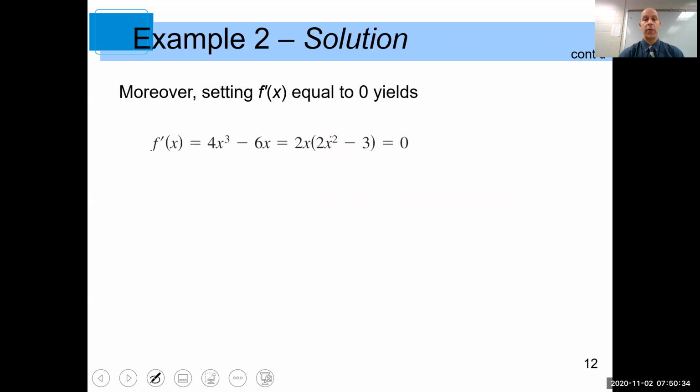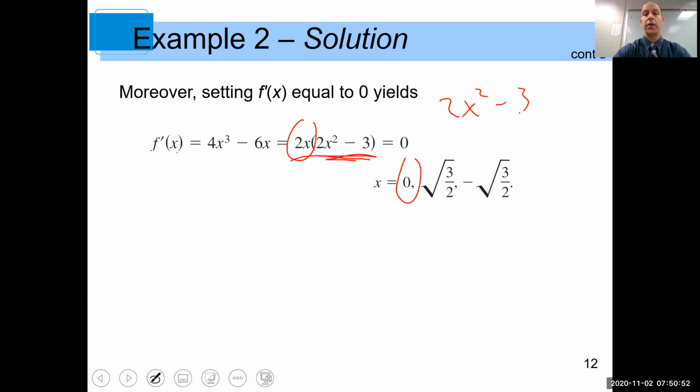So let's go ahead and do the derivative, which is very easy using our power rule. We'll get 4x cubed minus 6x. That can be factored. So hopefully from there you can see that we have three critical numbers. Clearly this is when x is 0, so that's the 0 part. And then when you solve the equation 2x squared minus 3 equals 0, that's going to yield these two values here.